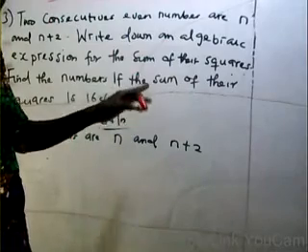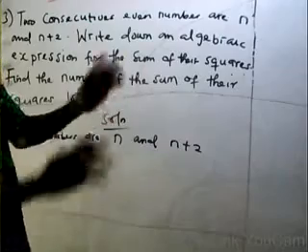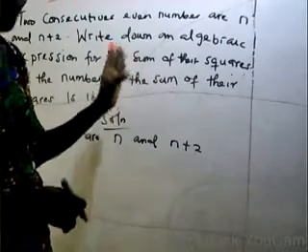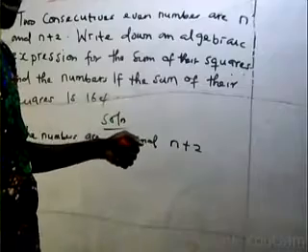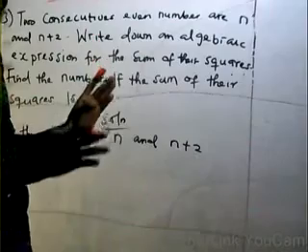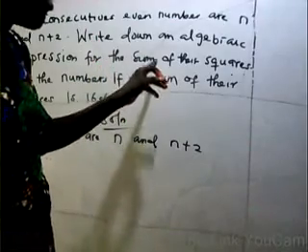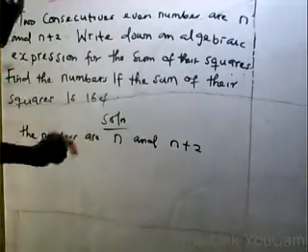Sum of their squares, not square of their sum, which means that you have to square first, then you now add. If it is square of their sum, it means you have to add first, then you now square everything. But this one is sum of their squares, which means you must have squared the 2 numbers.